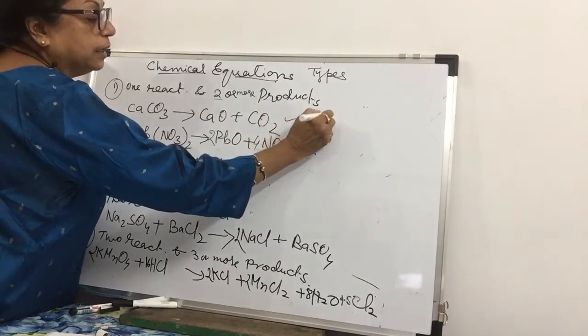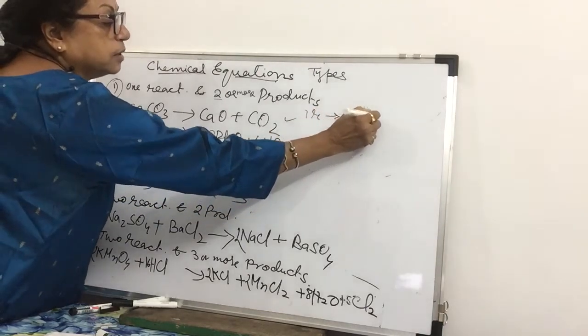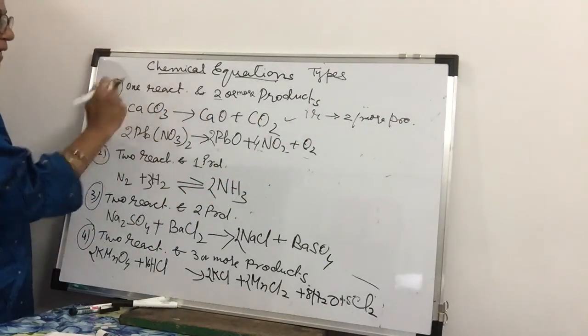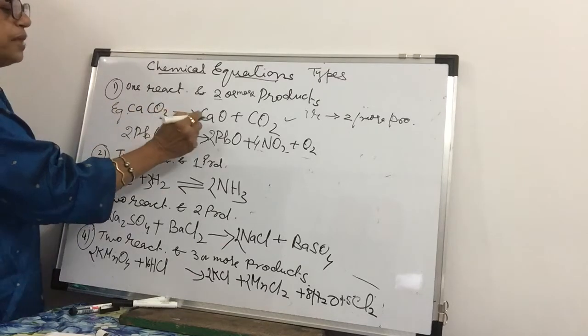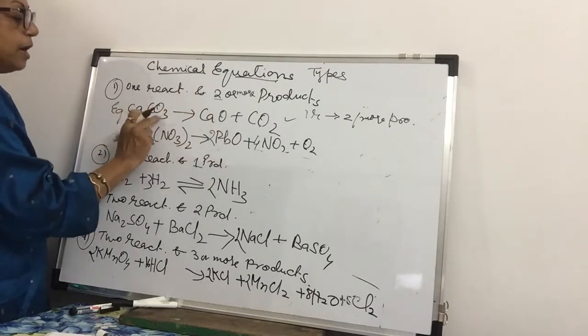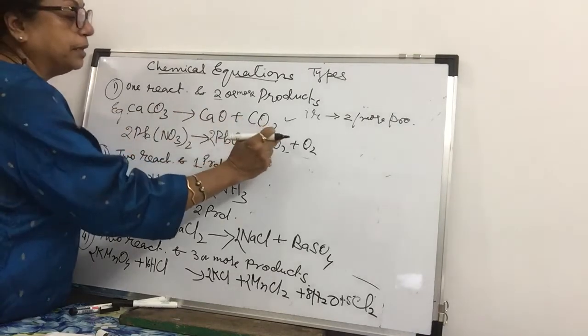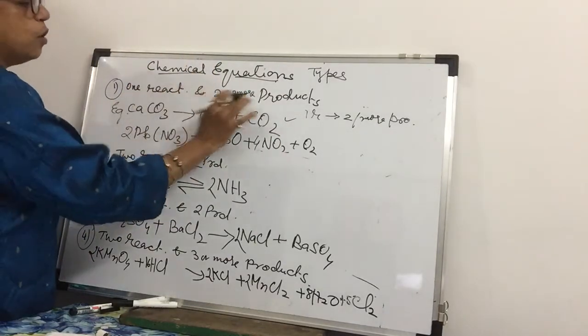So here, suppose I take an example of calcium carbonate. Calcium carbonate will give you calcium oxide and carbon dioxide. This is one example. Then I say two or more products.